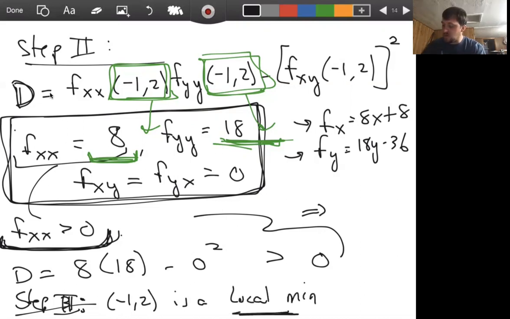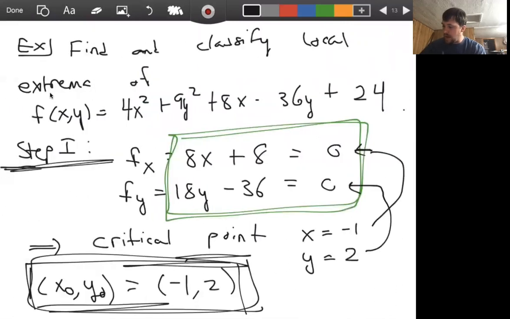Okay. And then for most applications, you want the actual minimum or maximum value. If it's profit or something, you want to know the maximum profit, not just where that occurs. You want to know what the actual maximum profit would be. And so usually what we'll do is calculate what the minimum value is. So what is f of -1, 2? Well, you just go back and plug it in here.